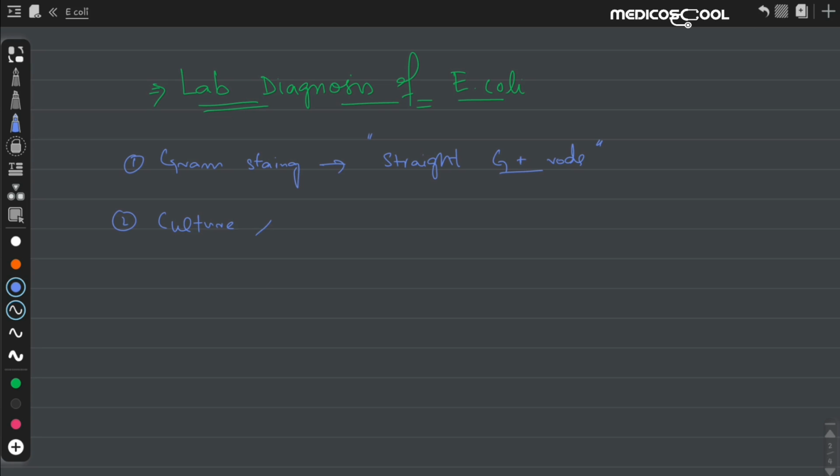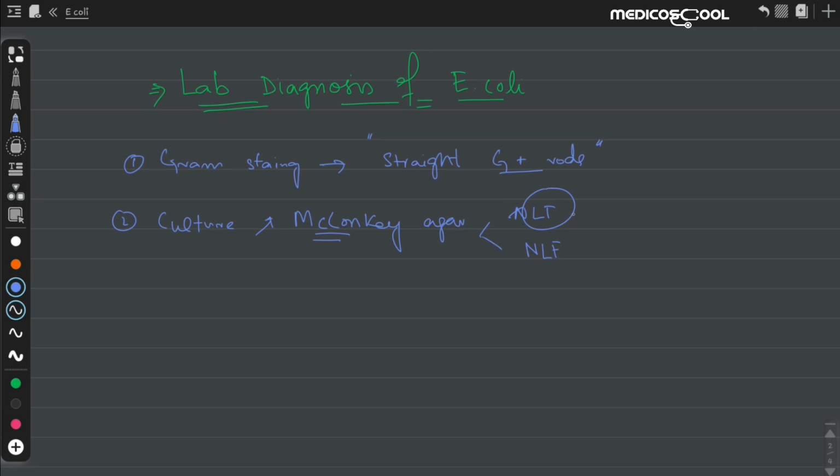And the most common culture, if we suspect Escherichia coli, is the use of MacConkey agar. And what does MacConkey agar do? It differentiates lactose fermenters from non-lactose fermenters.